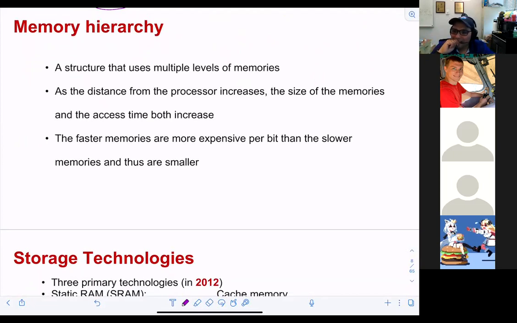So when they say, oh, i9, $1,500, you say, what? They didn't speed the clock rate really high versus i5 or i7. But the devil is in the details: the memory is bigger, or the accessibility of the cache is faster than the one in the i5. So that's why the price goes up significantly.